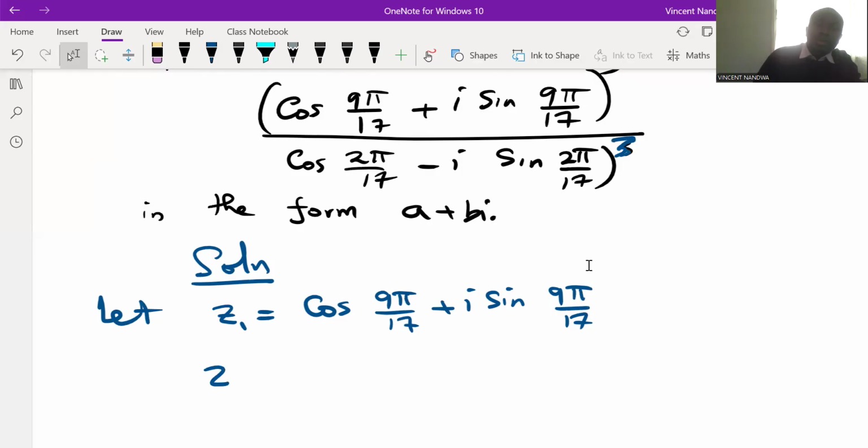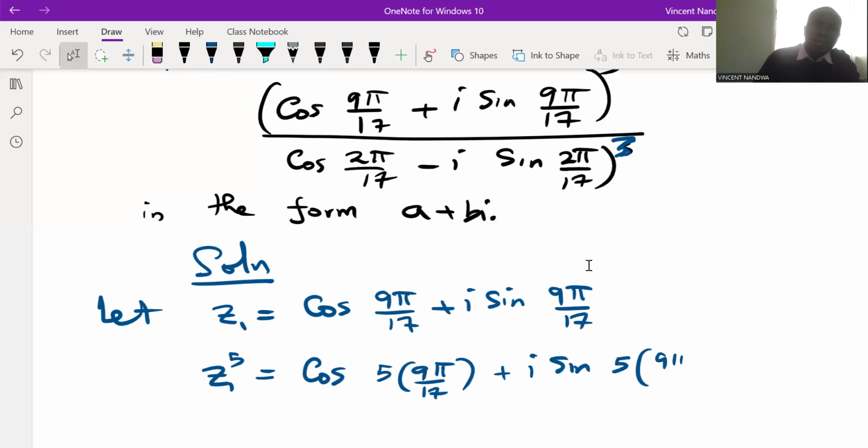So Z1 power 5 will be given by cos 5 times 9 pi over 17 plus I sine 5 times 9 pi over 17.